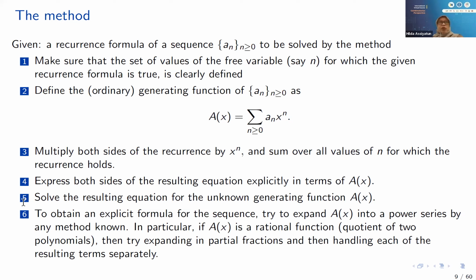The generating function method actually stops at step 5. But if you want more information about the sequence, if you want to know the explicit formula, we can work more. We can explore the generating function by trying to expand it into a power series, using some methods.